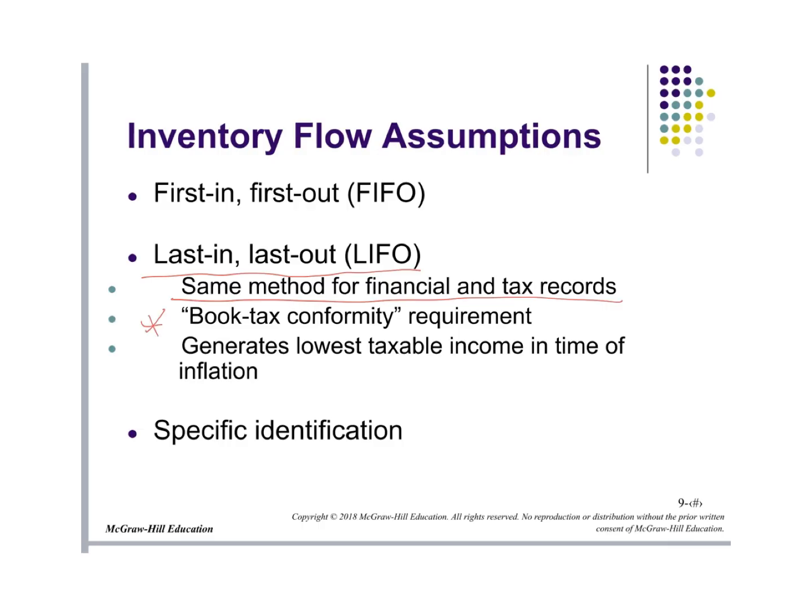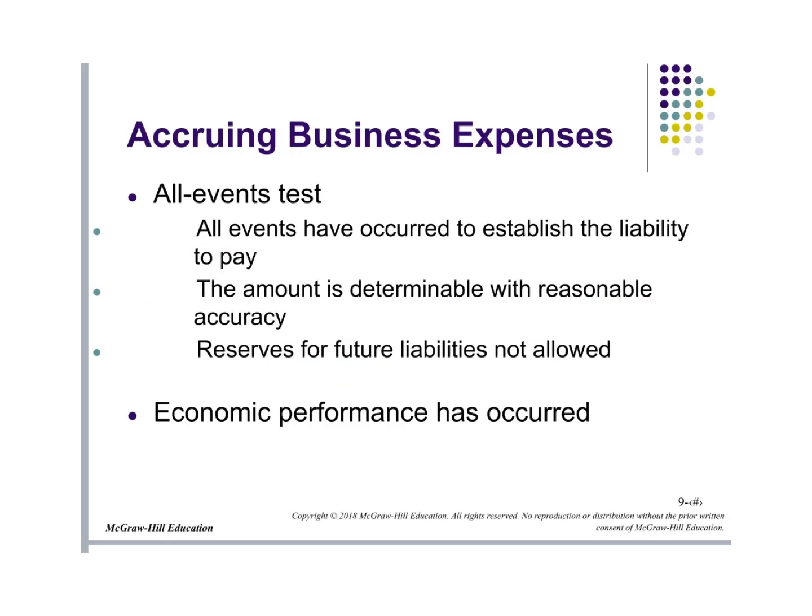This is called the book tax conformity rule. And the reason that this is the case is because LIFO generates the lowest taxable income if we're talking about an inflationary period, which almost every period in U.S. history has been inflationary. Okay. And so because it generates the lowest taxable income, you also have to generate a low financial income. And so that's the book tax conformity method. And that is all we have to talk about as far as inventory flow assumptions.